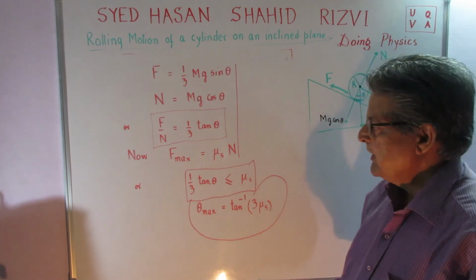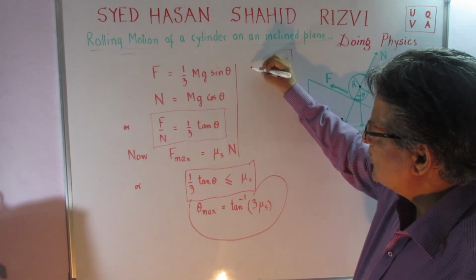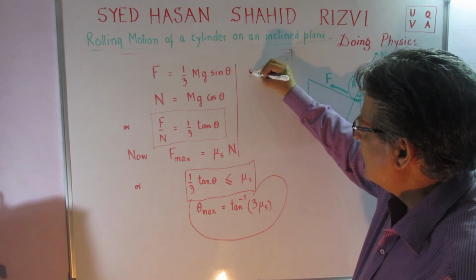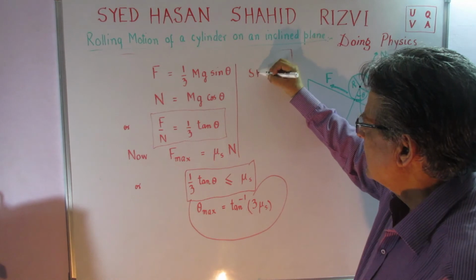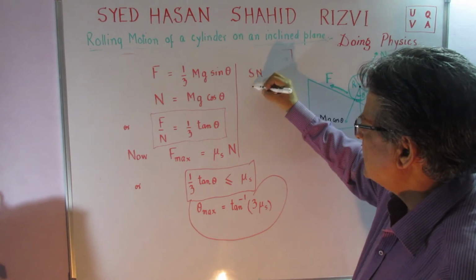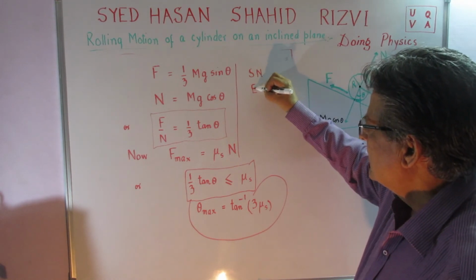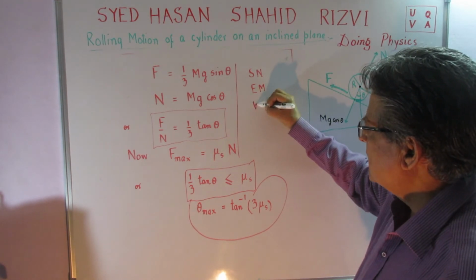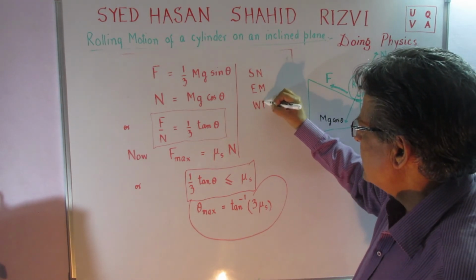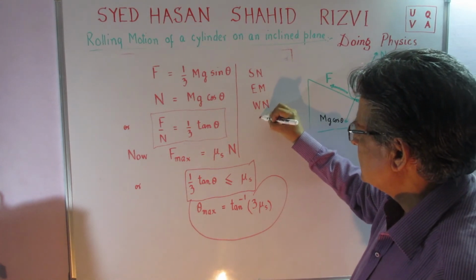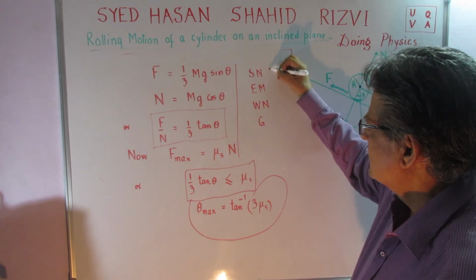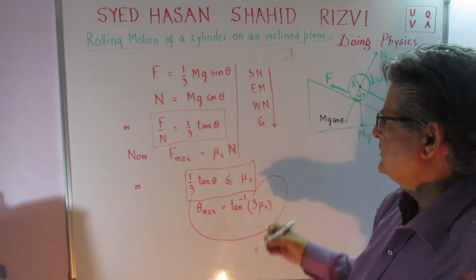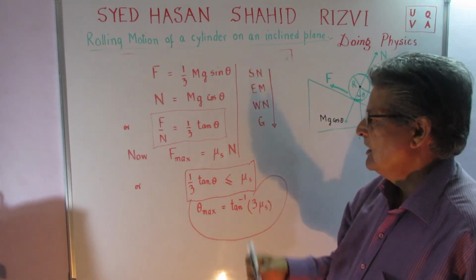Remember, we have the two nuclear forces, strong nuclear force and electromagnetic force, the weak nuclear force, and the gravitation, in that order.